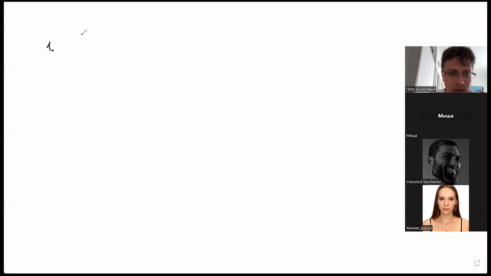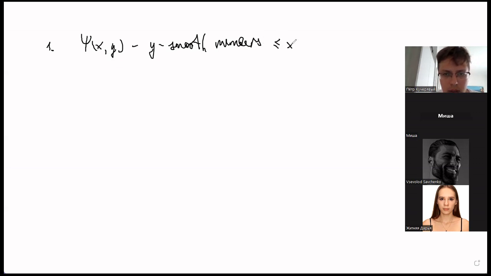Let us denote by its standard notation psi of x, y the number of y-smooth numbers which are less than or equal to x. The question is, what is the asymptotic formula for this function?